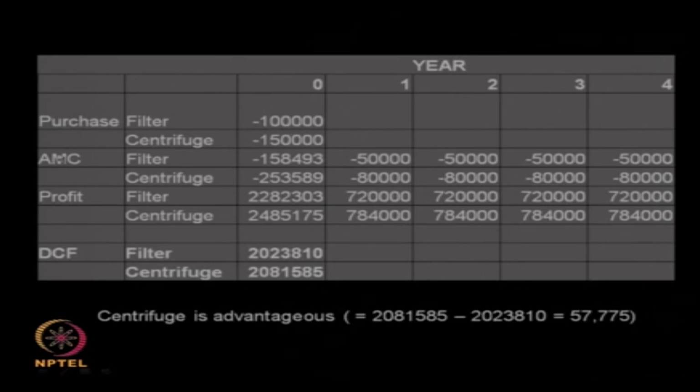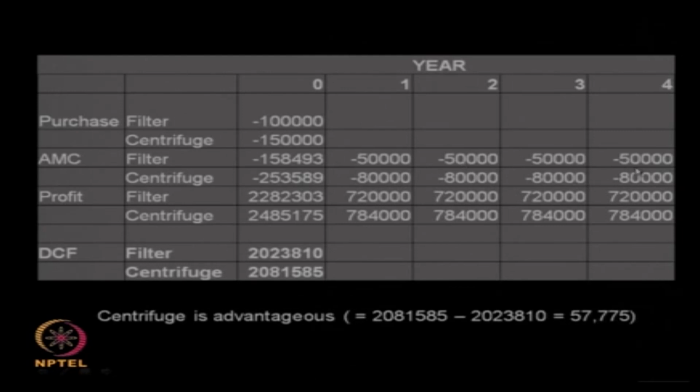Now let us look at the annual maintenance contract for the filter and the centrifuge. In year 1 for the filter I will spend 50,000, year 2 I will spend 50,000, year 3, year 4, agreed. For the centrifuge I will spend 80,000, 80,000, 80,000, 80,000. Again I put negative, please note, because it is money I am spending, and the numbers are constant.